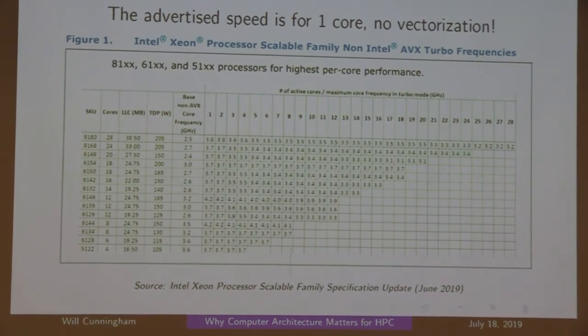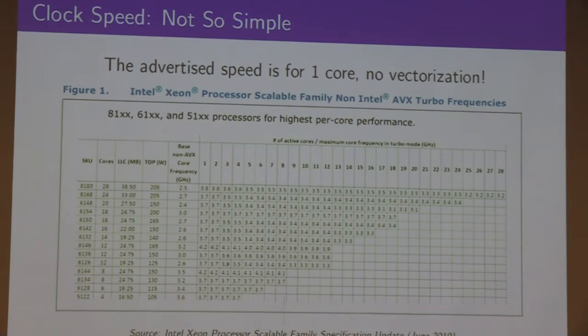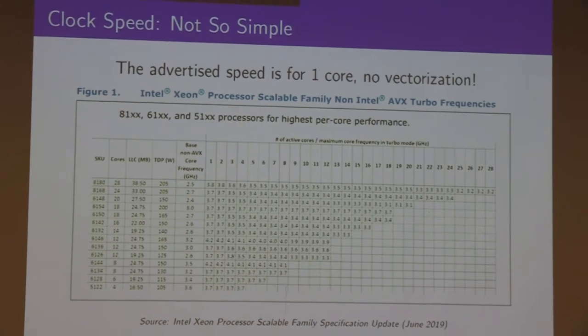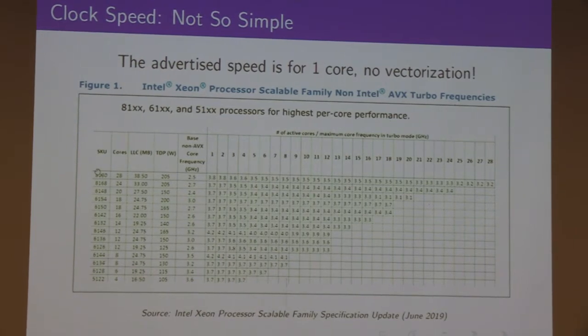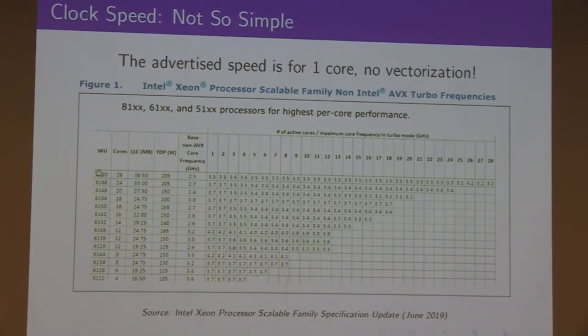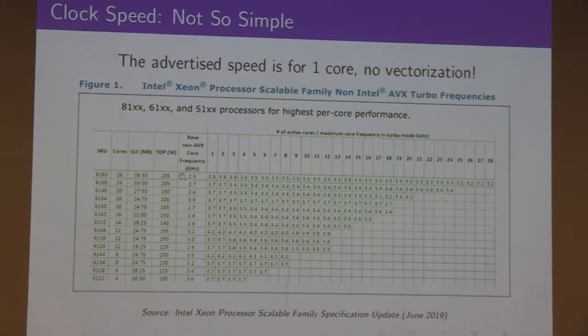So the Xeon scalable processors are the newest things that are used in supercomputers these days. Over here you see different models, but let's just look at the first one for now. This has 28 cores, and the base clock speed is 2.5 gigahertz, and the maximum turbo speed is 3.8 gigahertz.